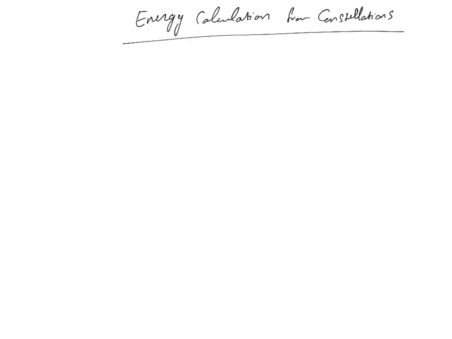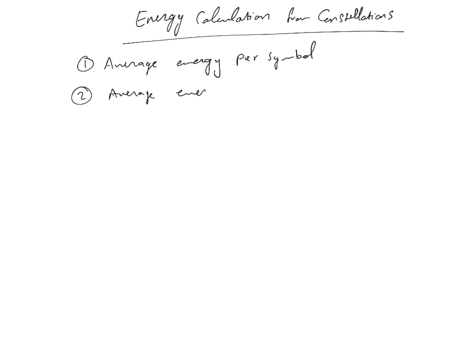Okay, and the targets are to calculate the average energy per symbol and average energy per bit, right? And we are going to do this for the 3 linear modulation systems that we have studied, so ASK, PSK, and QAM.